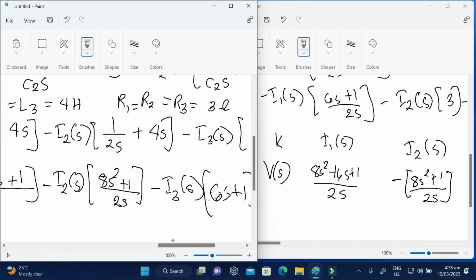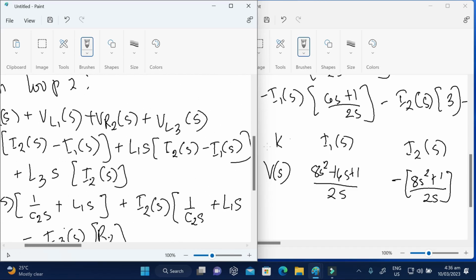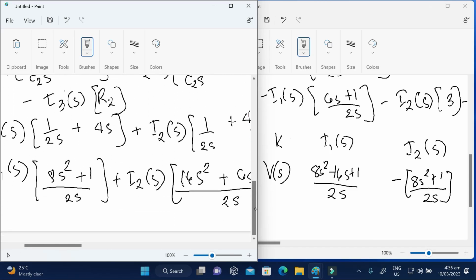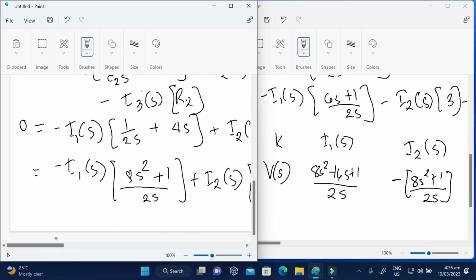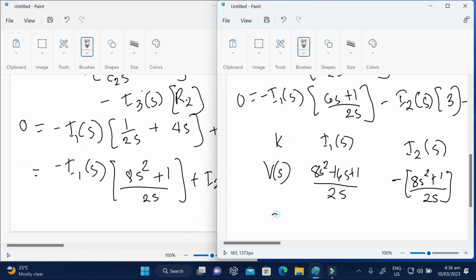That is for equation 1. So, in equation 2, ating na-set up na equation will be ito. 0 ang ating source. Okay. Tapos for I1, negative 8S squared plus 1 over 2S. Okay.